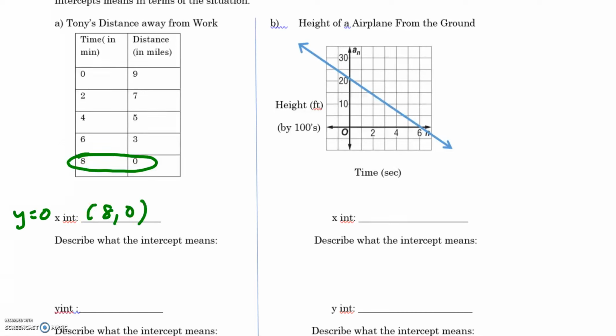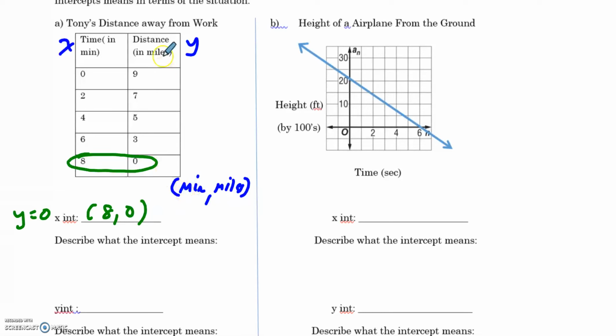And in terms of meaning, if I look at the original table, x would be time in minutes and y would be distance in miles. So if I'm thinking about my coordinate, minutes would go in the x spot and miles would go in the y spot. So if I'm interpreting what this means after 8 minutes, where is Tony?